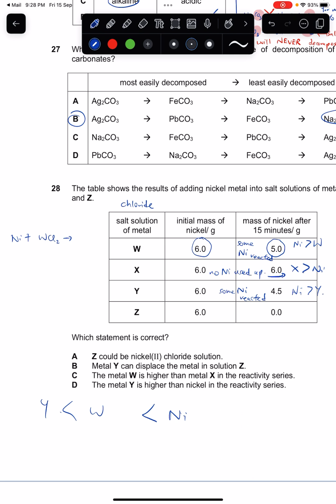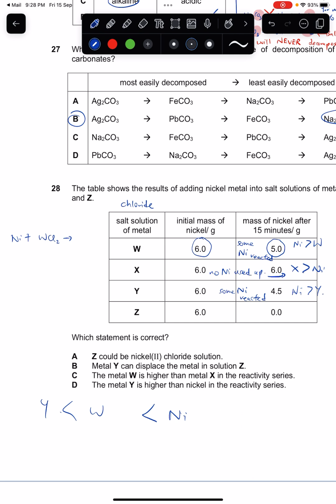Why? You see, the less reactive the metal is, the more likely it will get displaced. So that's why in this case the difference in nickel tells you the difference in reactivity.